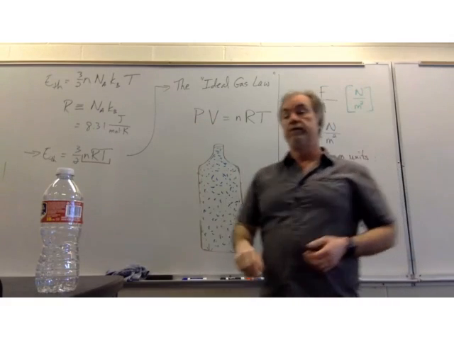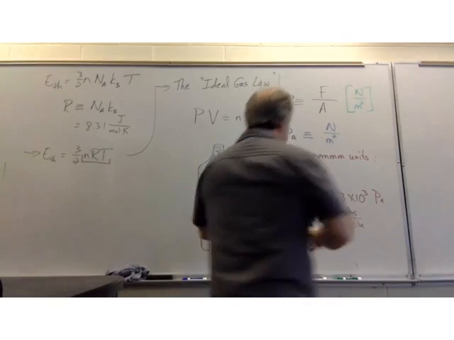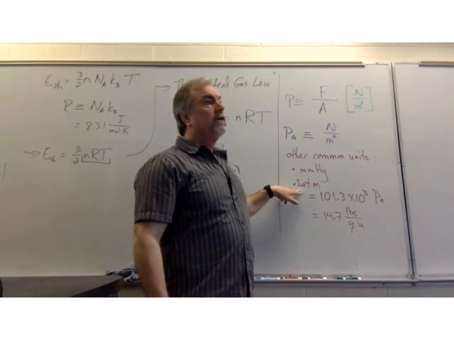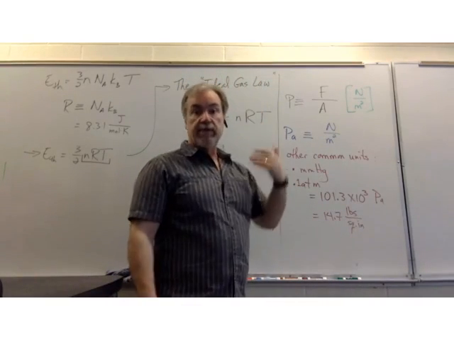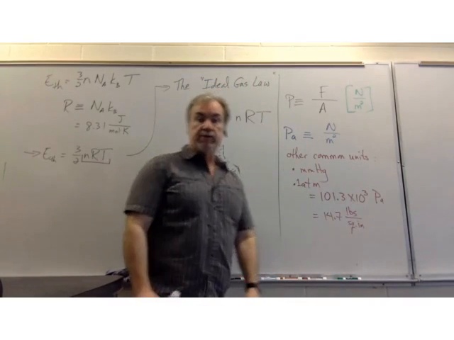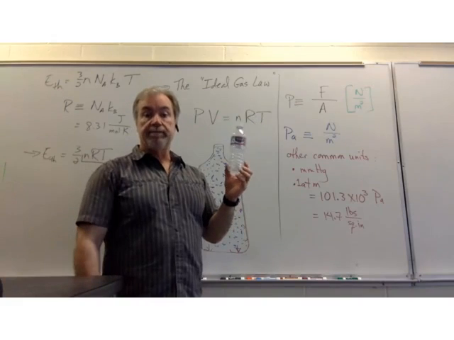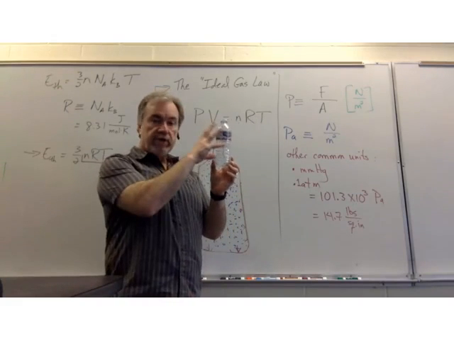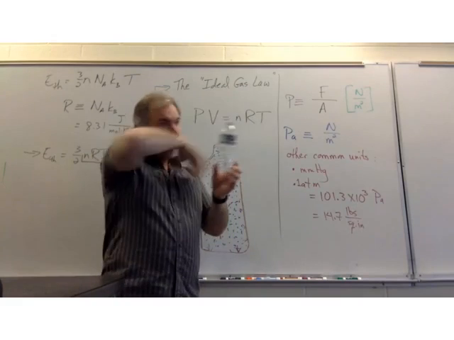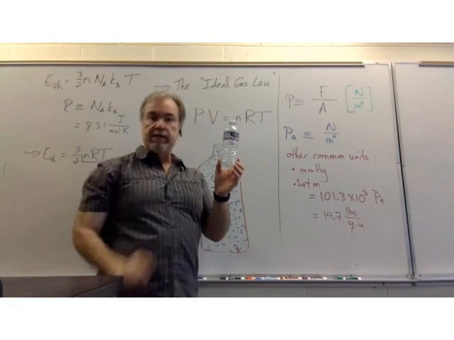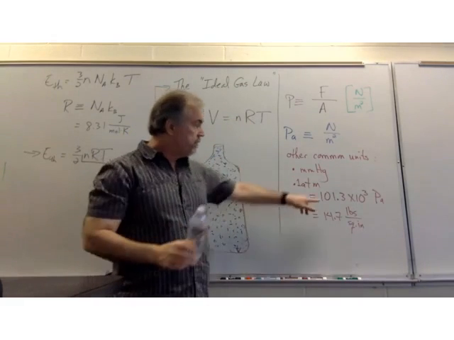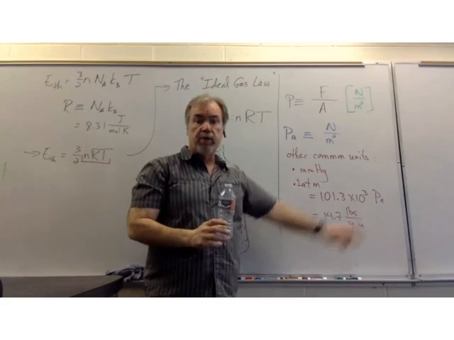And I know the pressure. Because I said a moment ago that 1 atmosphere of pressure is the pressure that the atmosphere exerts on you and on everything, including, for example, this bottle. So in other words, the pressure that the air around this bottle is exerting is 1 atmosphere, which is this many pascals of pressure.